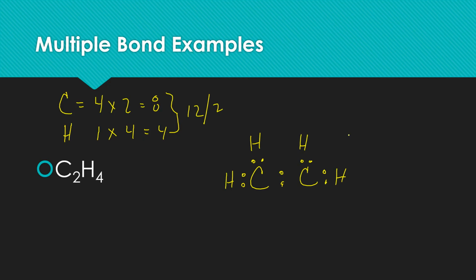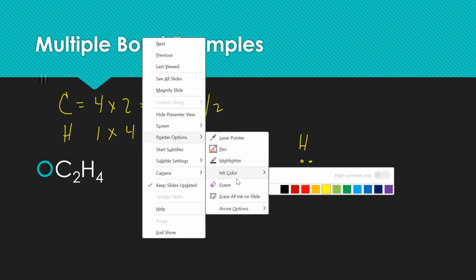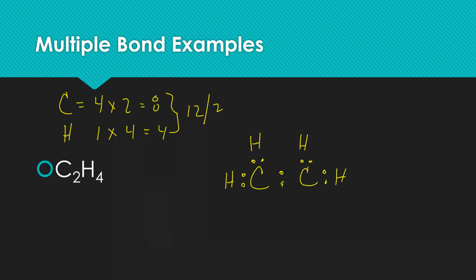Now I have a problem. Let's say I take these 2 electrons and I put them right here. Well, now this carbon is good, right? This hydrogen is good. This hydrogen is good. This hydrogen is good. This hydrogen is good. But lo and behold, this carbon over here is not.